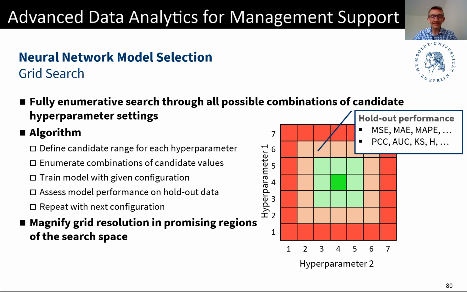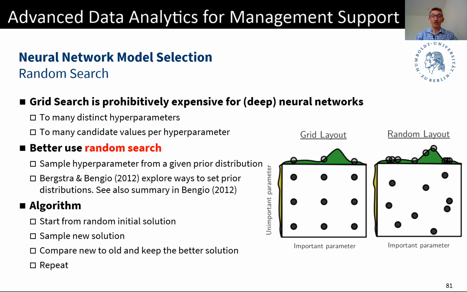A possibly interesting approach is random search. Once again, going back to a paper authored or co-authored by Bengio. They realize that grid search is prohibitively expensive for deep neural networks and propose random search as an alternative.